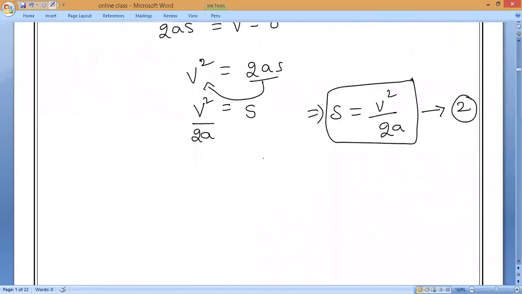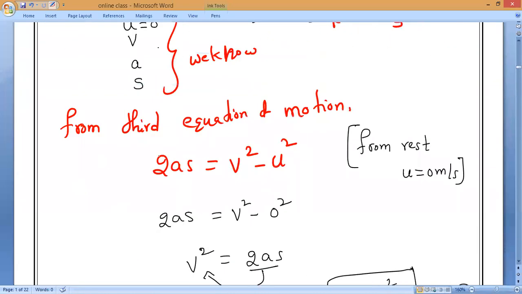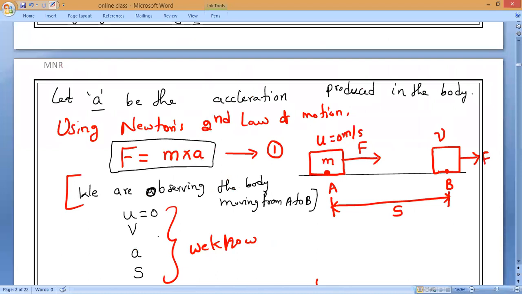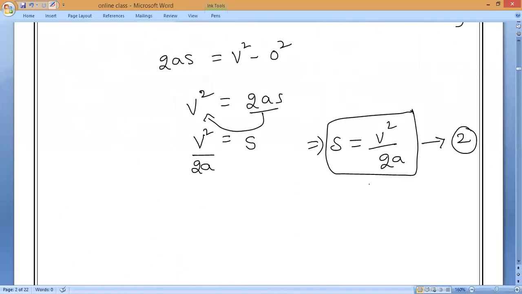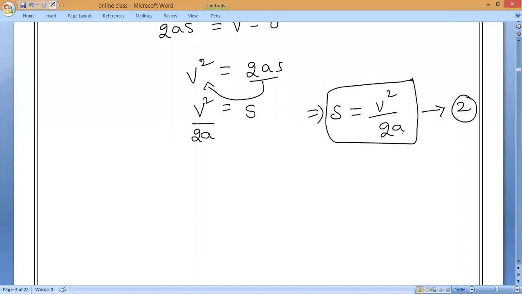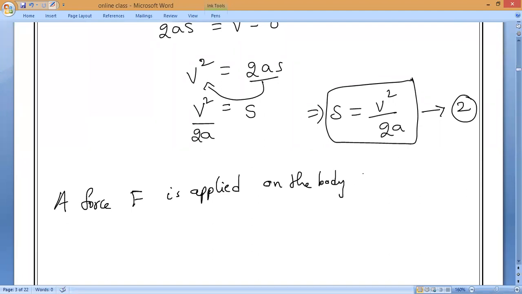Observe very carefully. According to Newton's second law, the force applied on the body is equal to m into a, and the distance traveled by the body is v squared by 2a. Now observe, a force F is applied on the body, and the body is traveling a distance, it has moved a displacement.